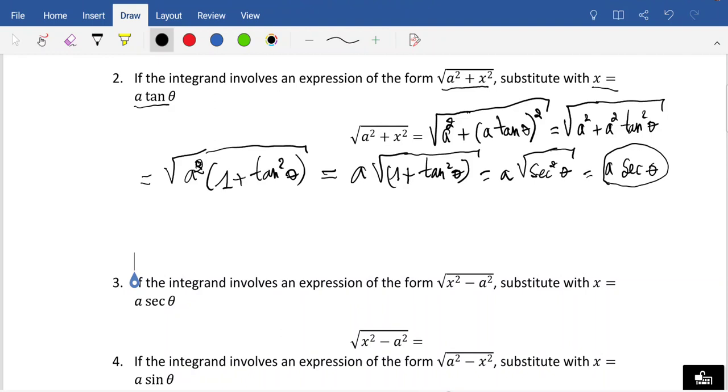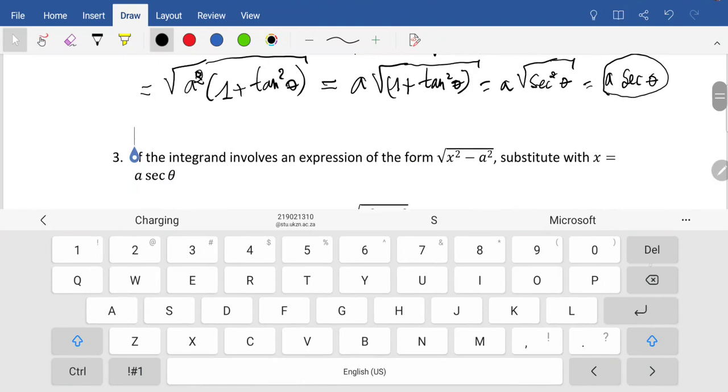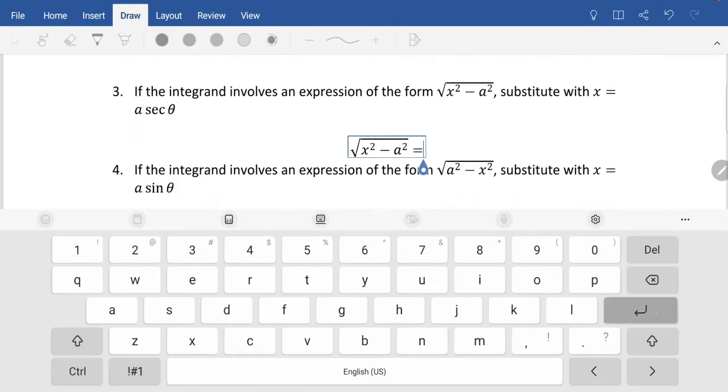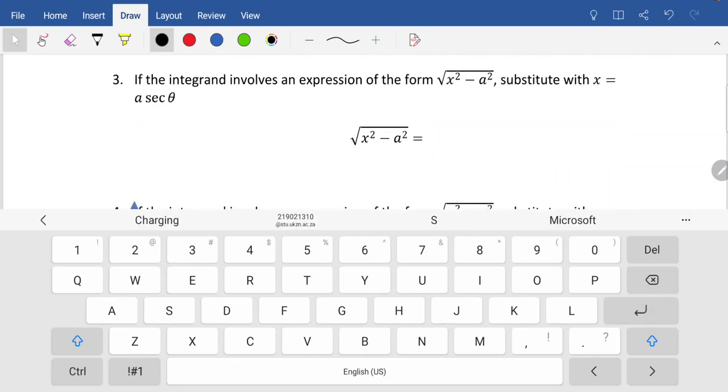So then the next basic rule that we'll be looking at is the case where we have under the integrand the form of the square root of x squared minus a squared.